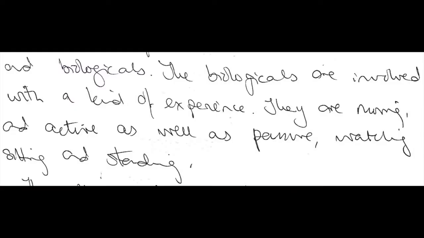She said it feels like there are biologicals, which I think she means people involved in a level of experience. They are active as well as passive, watching, sitting, and standing. Yeah, I think she really described it well.